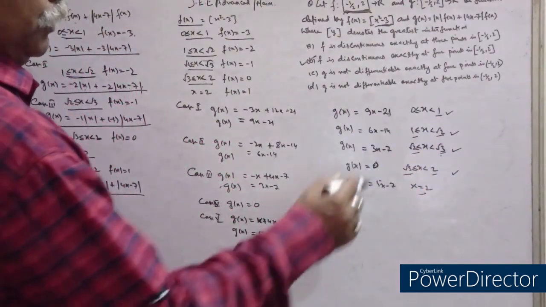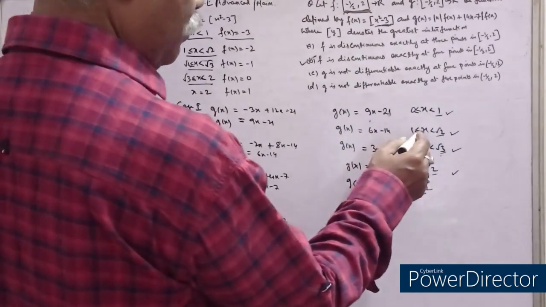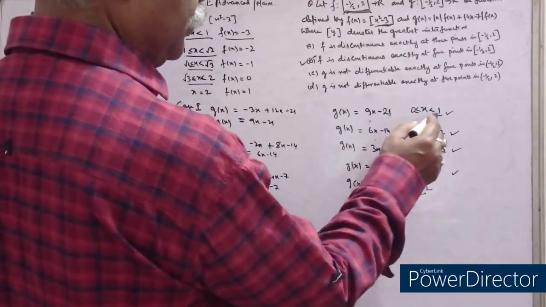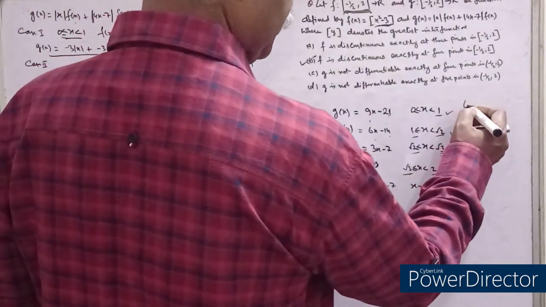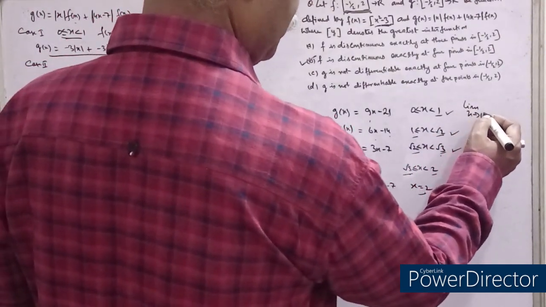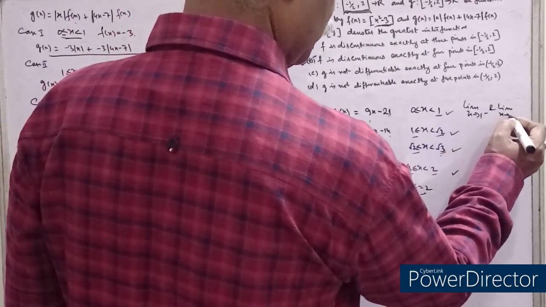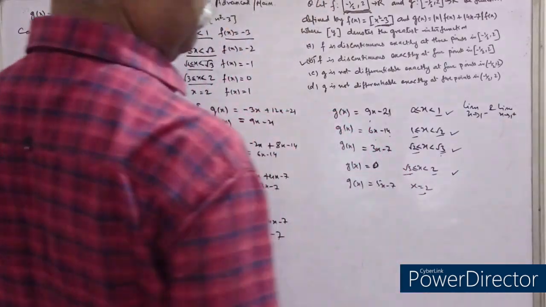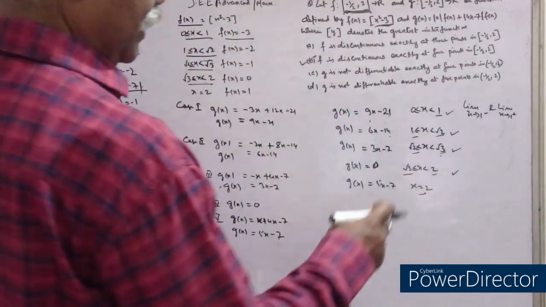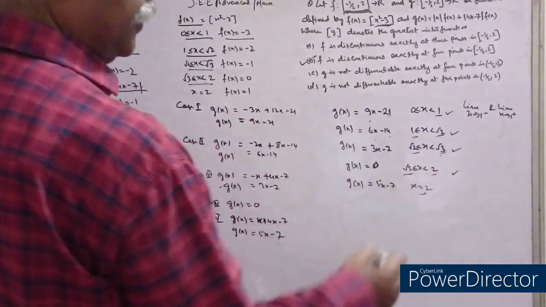Because from left hand side it will follow this graph, and from right hand side it will follow this graph. If you test for the limit as x tends to 1 minus and for the limit as x tends to 1 plus, you see that these are the 4 testing points.